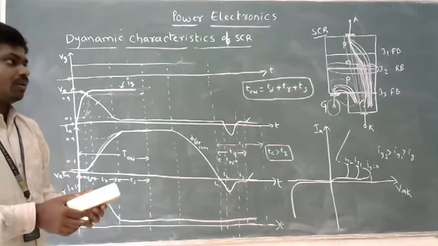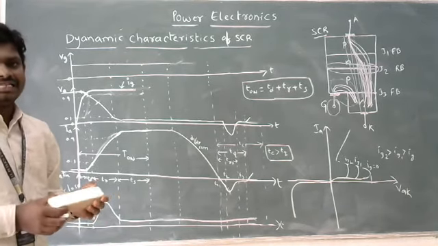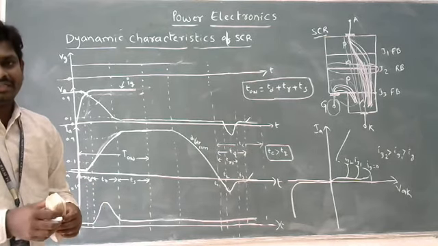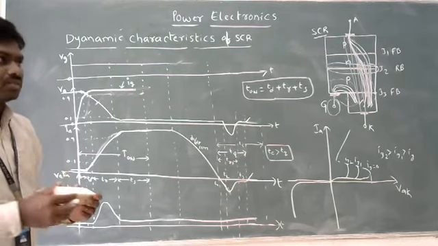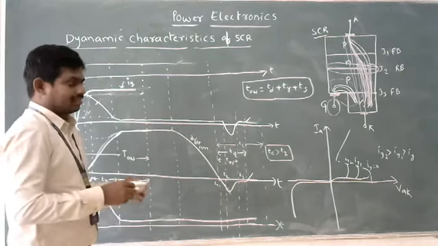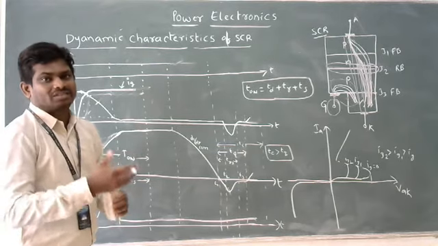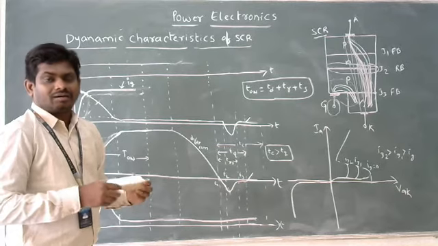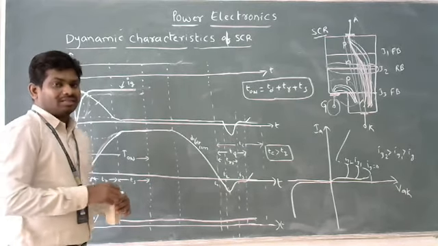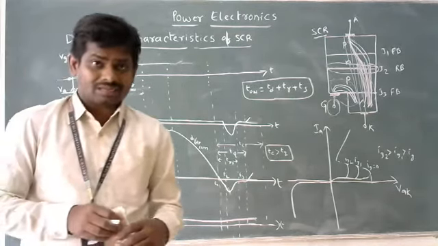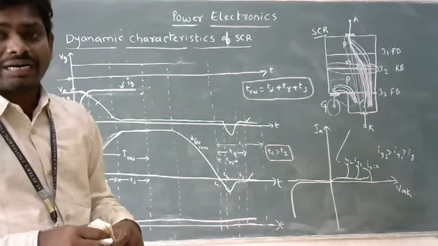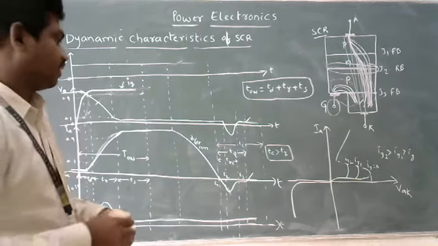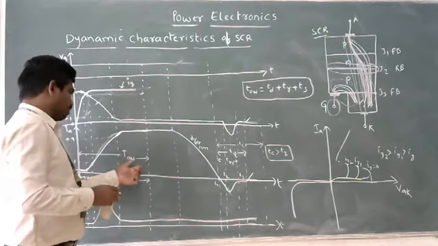The instant the device starts to conduct, coming into the conduction state from its blocking state, is nothing but the turn on time. Turn on time is the time taken by the SCR to come into the conduction state from its forward blocking state. That's what we call turn on time.